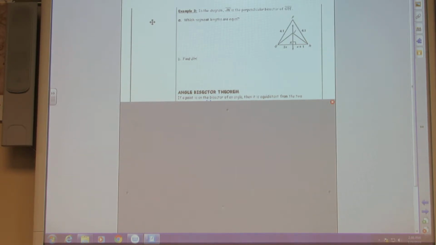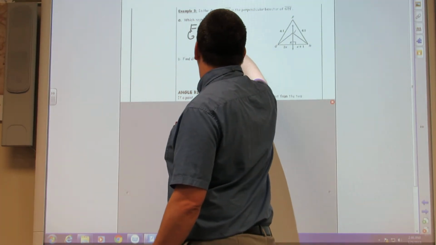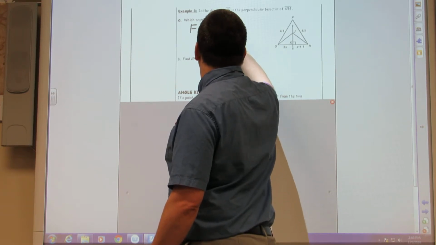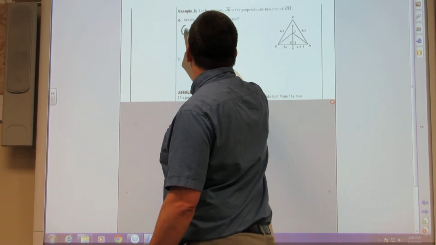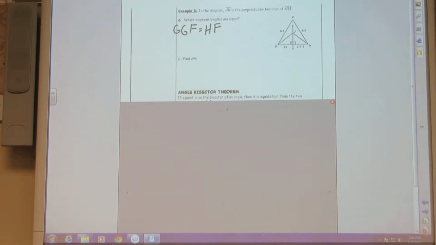Example 3A would be similar. What segments are congruent? So we have GF congruent to HF. So they're congruent because of the 4.1.